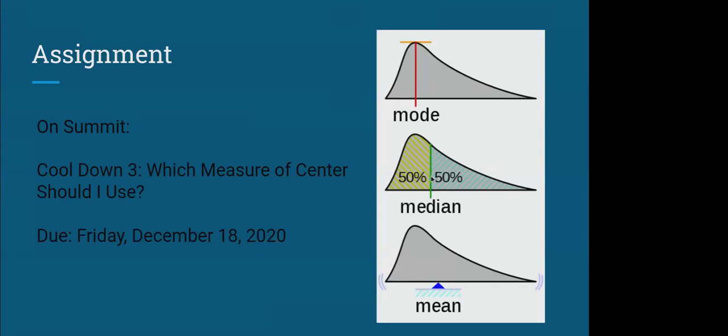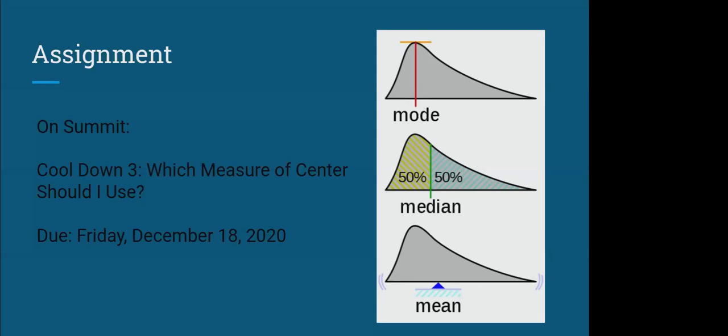Not equal parts, not necessarily in parts that look the same. Because you can see in this diagram alone, 50% on the left side looks like this, but 50% on the right side is a little more spread out, but it's still 50%. And that's what we have to remember when we talk about the median.